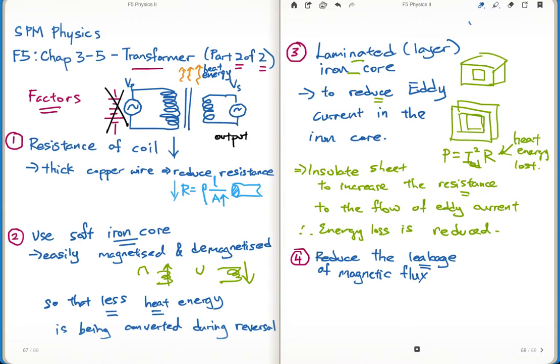Okay, leakage. One way in doing so is that the iron core you use should be in a closed loop.